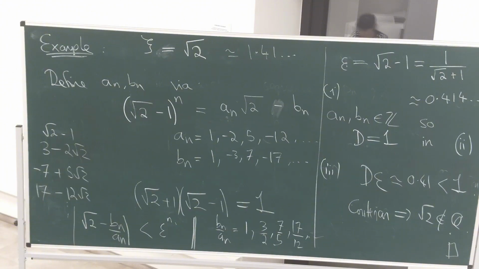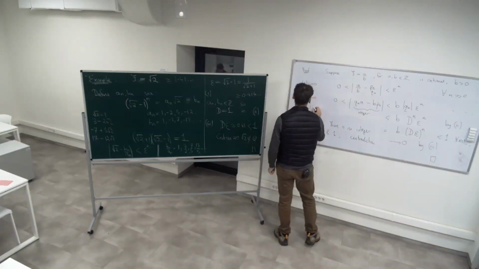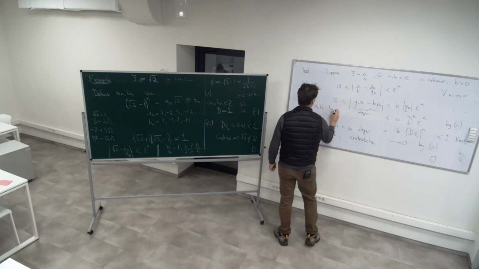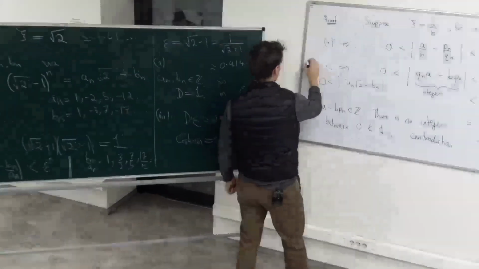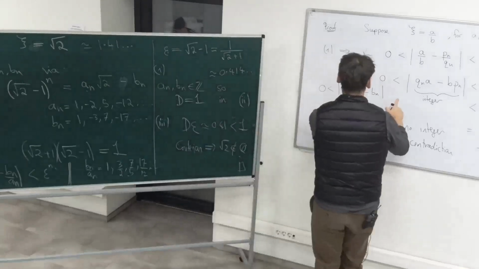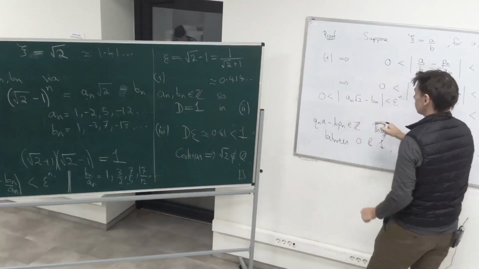So here we have 0 less than an root 2 minus bn, and this is less than epsilon to the n.